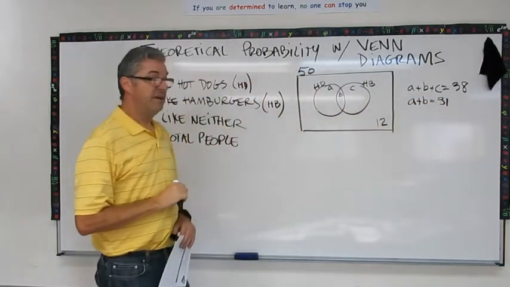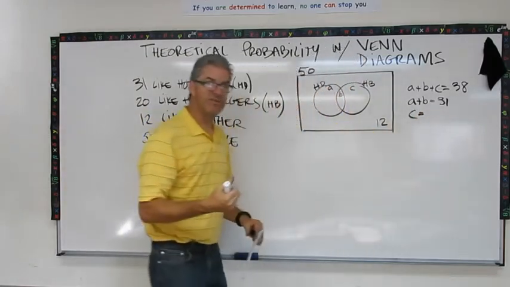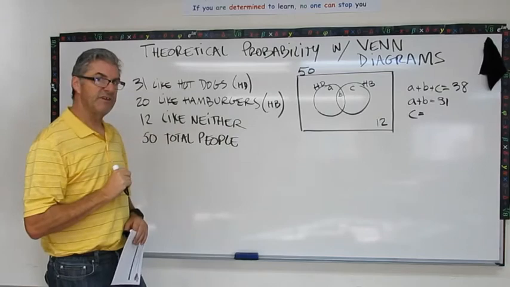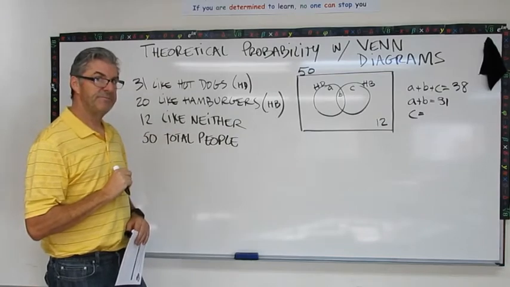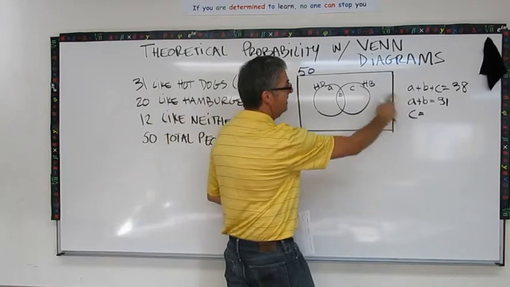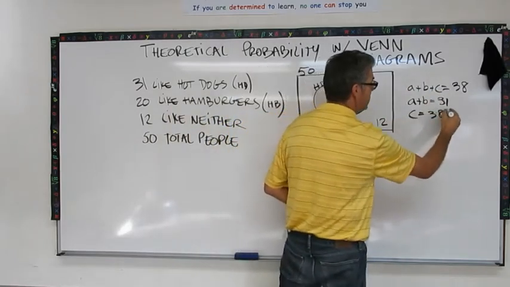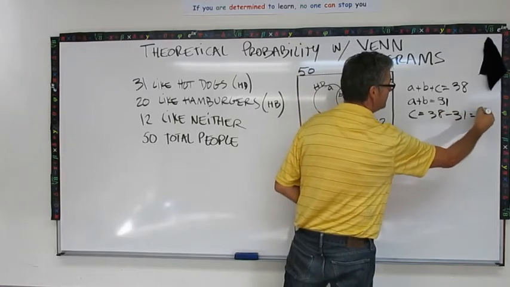Okay, so now we know that C is going to have to equal something. Pause the video and see if you can figure that out. Okay, so if A plus B is 31 and A plus B plus C is 38, then C is going to be 38 minus 31, which is 7.